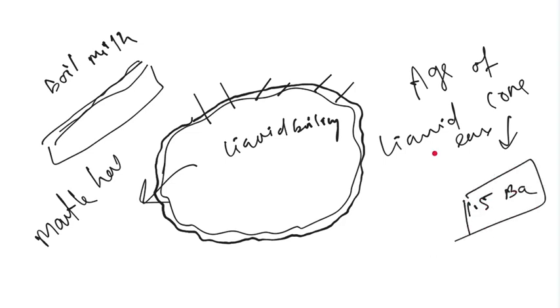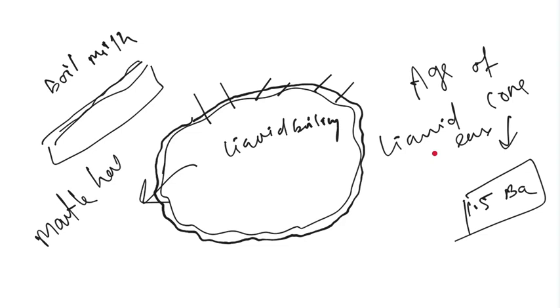Age of the core means the core formed from the liquid earth about 1.5 billion years ago. This is estimated. कोर 1.5 बिलियन ईयर्स पहले नहीं था, ठीक है। धीरे धीरे जो dense material है वो नीचे जाके compact होके core बनाए, earth का core बनाए, ठीक है। It is a hypothesis, okay, there is no solid proof for this.